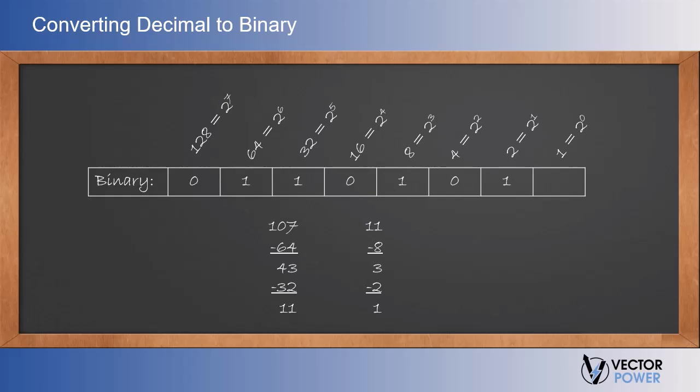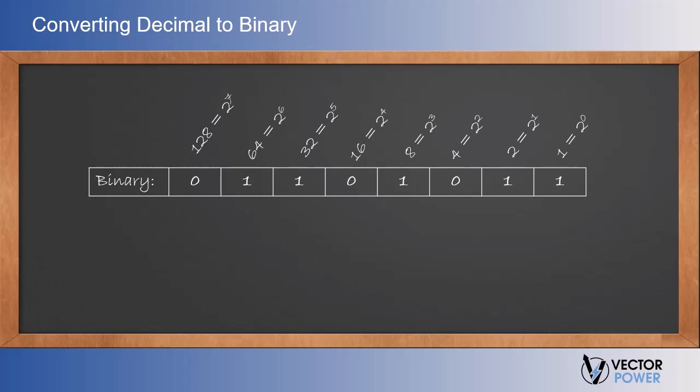Now we find the highest power of 2 for 1. The highest power of 2 for 1 is 1. Therefore, we place a 1 in the 1 column and subtract 1 from 1, leaving us with 0. Since we cannot go any further, the binary number for 107 is 0, 1, 1, 0, 1, 0, 1, 1.